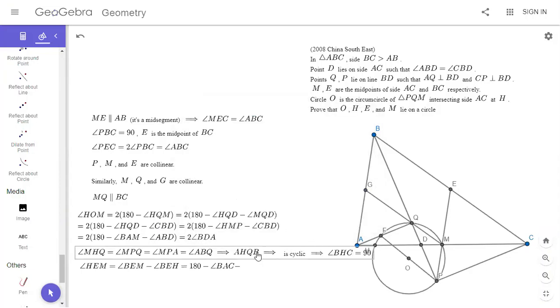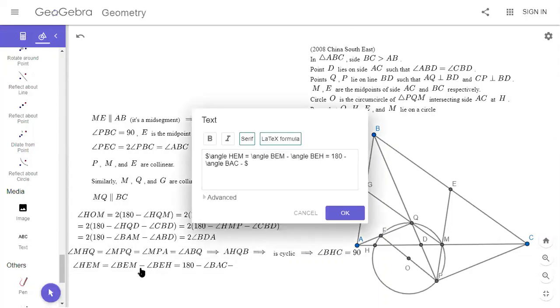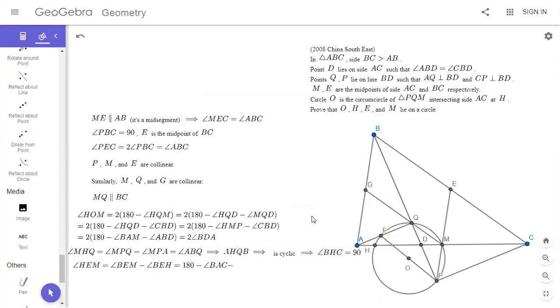Okay, so because so all right. So BHC is 90 degrees. So BEH is twice angle BCH.